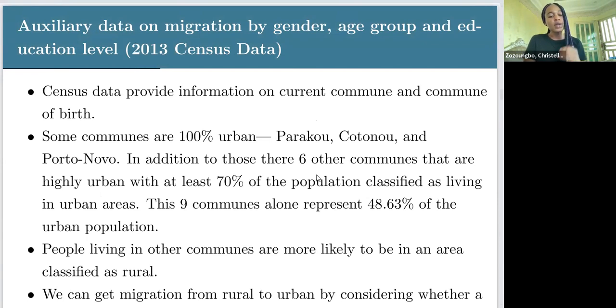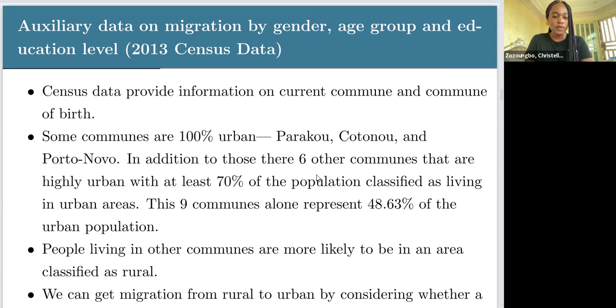But the not so good thing is that in the particular context of Benin, it provides that information at commune level, and areas are classified as rural or urban at arrondissement level, which is a smaller subdivision. So using commune information will not allow me to get a perfect match of who moved from rural to urban areas. One way that I found to deal with that problem is the following procedure.